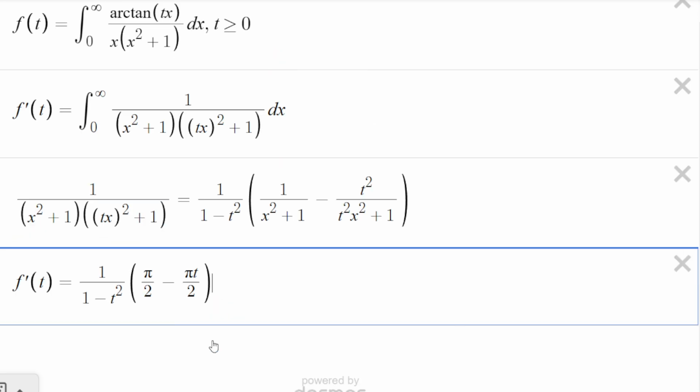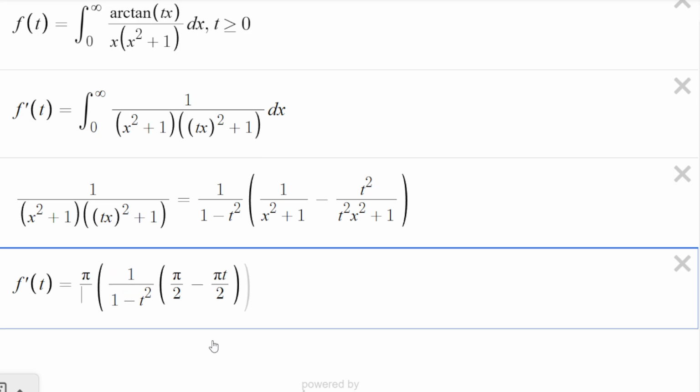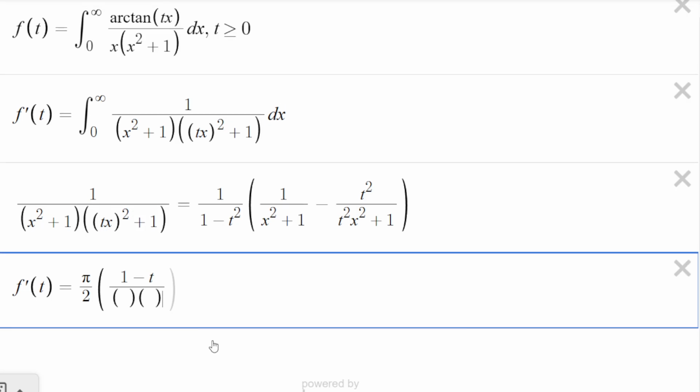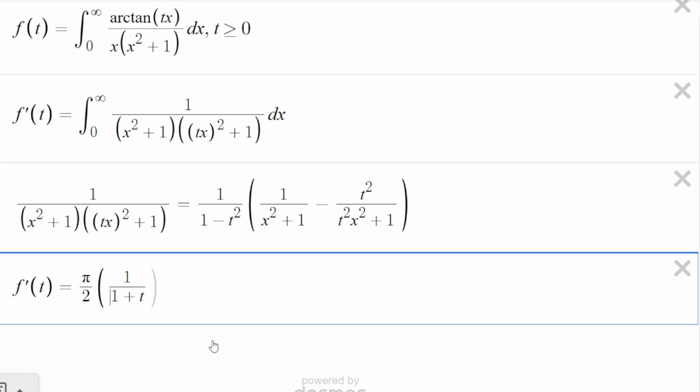In fact, let's go back here. Let's factor out a pi over 2 everywhere. Pi over 2 gives us 1, and this just gives us minus t. Great. And then we can bring this 1 minus t right on top, and this factors into 1 plus t, 1 minus t, and then the 1 minus t's cancel. Great. Okay, so that's our actual f prime of t.